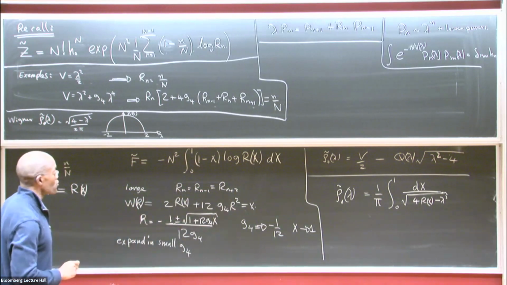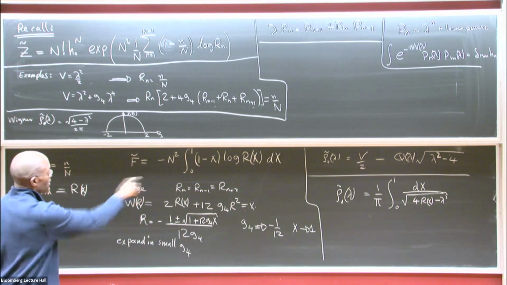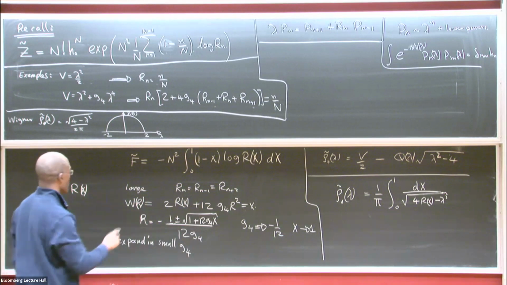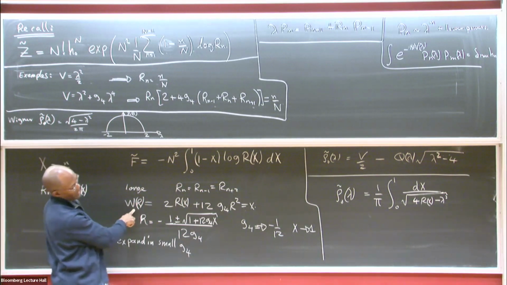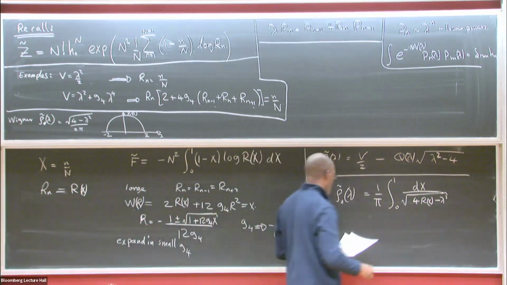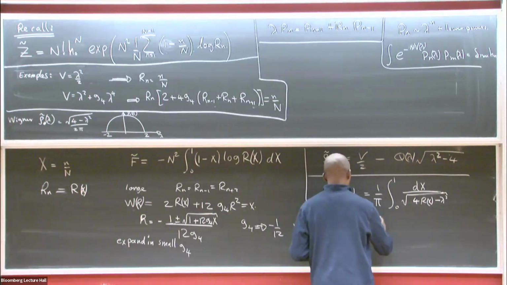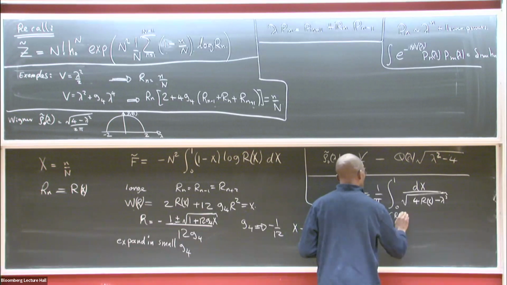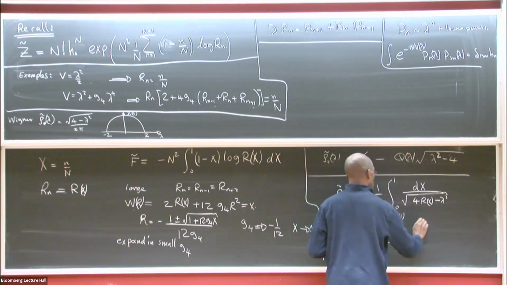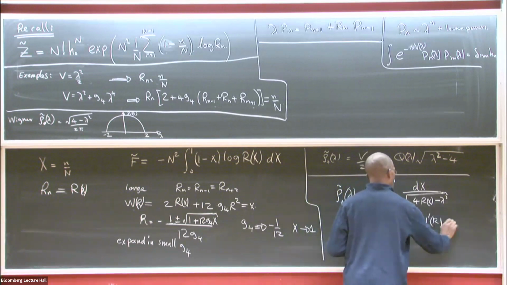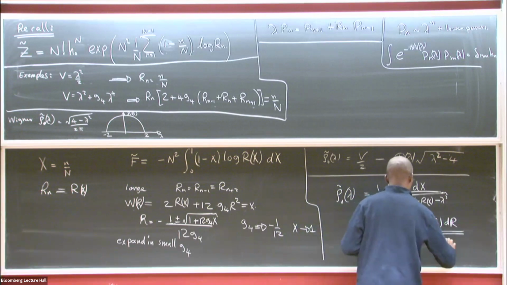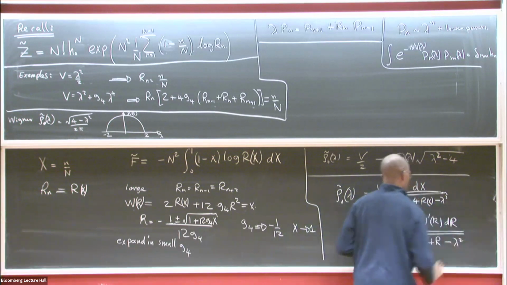And so then I can trade integrating over x for integrating over r with a w prime Jacobian. So I'll have something like 1/pi, and then I'll have r at the endpoints 0, w prime of r dr over the square root of 4r minus lambda squared.